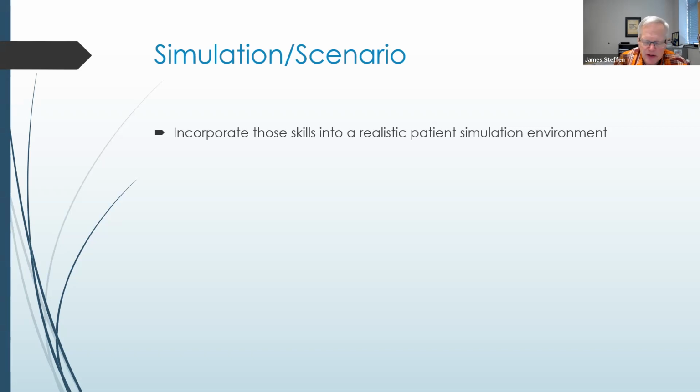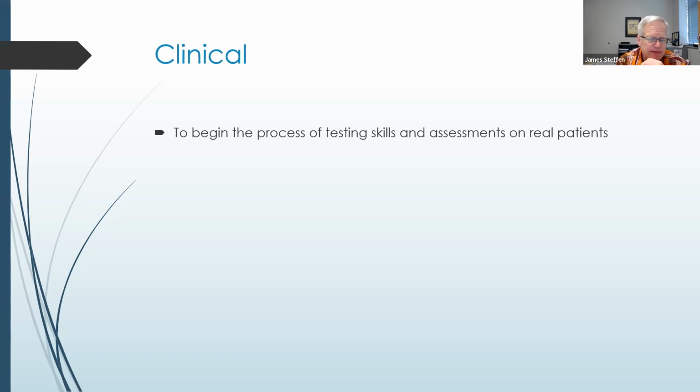I'm going to give you an example of endotracheal intubation. So a new student first learns about endotracheal intubation in lecture. Then they practice skills training in the lab. Then we give them scenarios where they have to determine if a patient needs to be intubated and demonstrate the steps of intubation on those patients.